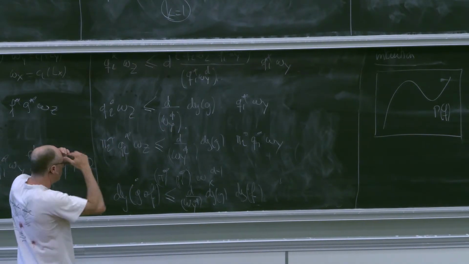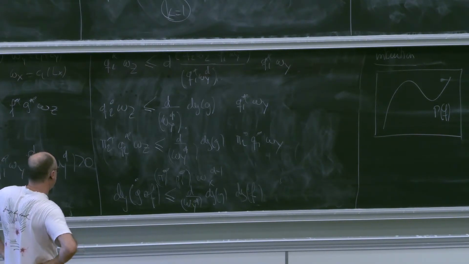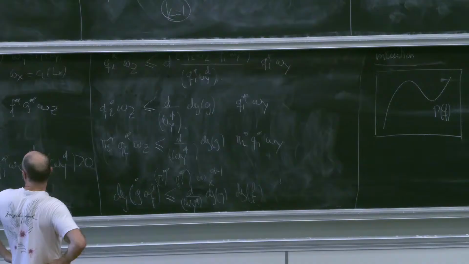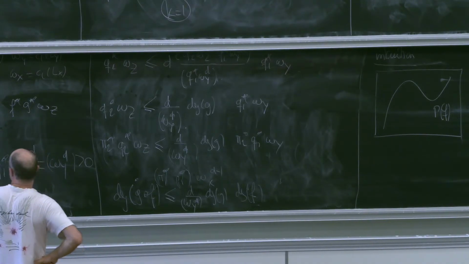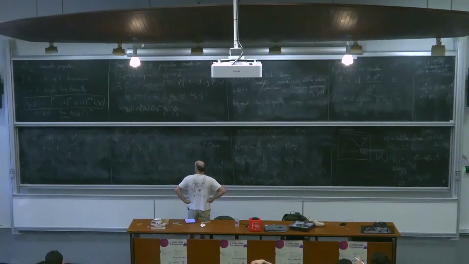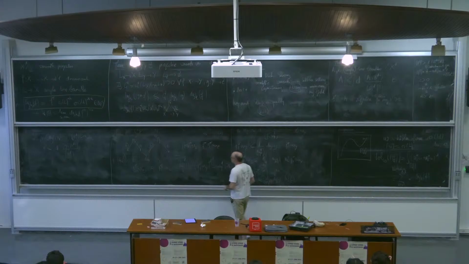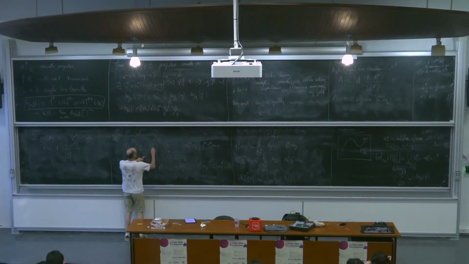Do you see why it's the degree of f? I'm not sure. Yes, because when you cap this, we are looking at the pullback by Q1 and pi 2, but this is the same.